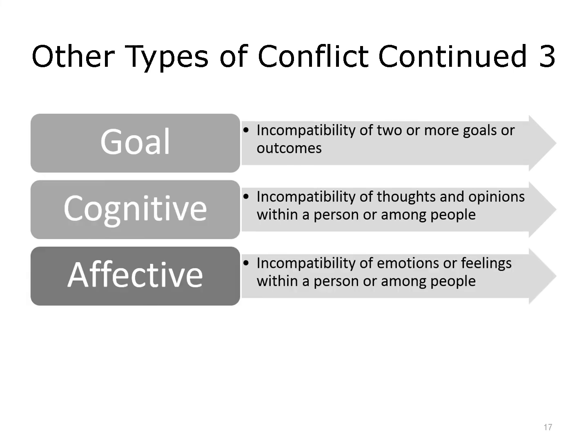The third type, affective conflict, is the incompatibility of emotions or feelings within a person or among people. It's not uncommon in a health IT environment for some team members to have affective conflicts. Often, a person perceived as abrupt or short with the other team members can evoke emotional responses.